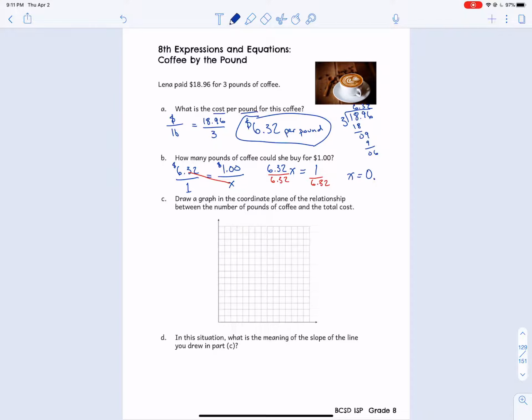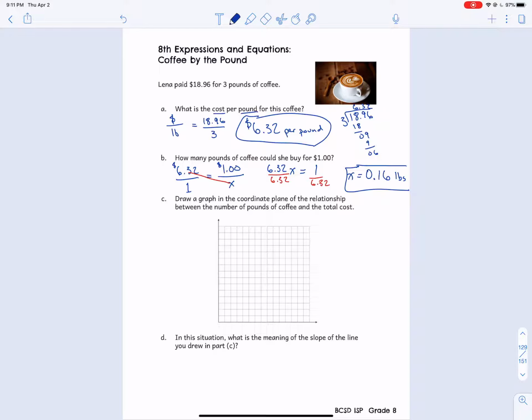Since it's dollars, we're going to round it to the hundredths place. Oh, we're talking about pounds. So that's fine. Let's just round it to the hundredths place anyway. 0.16 pounds. So not very much. It's not a very practical problem, because typically you would figure out how many pounds you want, and then you would be told how much that costs.